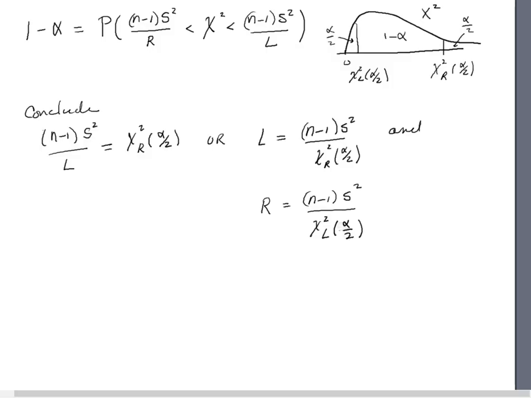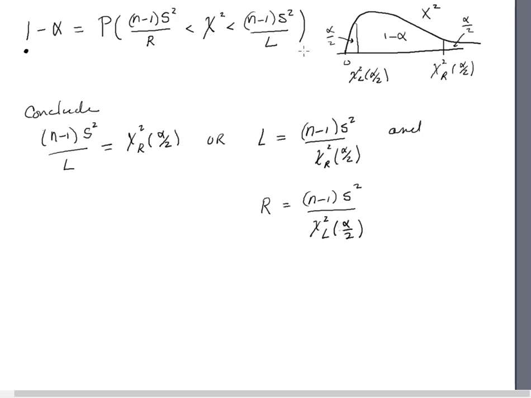I've given us a new page here, so we've got plenty of room to work. I want to draw your attention to this statement right here, just reiterating what we had earlier. 1 minus alpha will be the probability of this n minus 1 s squared over sigma squared, which is a chi-square random variable with n minus 1 degrees of freedom, being less than this right-hand endpoint.